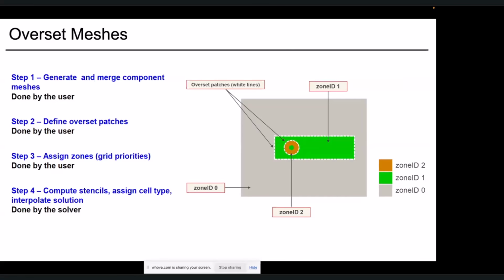This tells the solver to compute its stencils and assign the cell type, and then to understand where the interpolation has to be done. As you can see, within that orange overset region, we have a region where there are no overset cells, but we can see the background refinement region, and that region is called a hole.